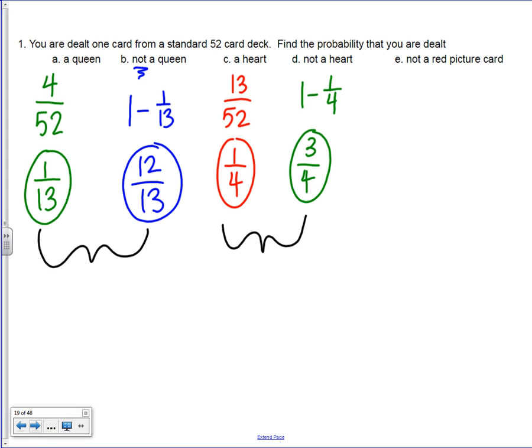All right, so what is the probability you are not dealt a red picture card? Well, if I can find out the probability of me being dealt a picture card, I can do 1 minus that to find not a picture card. So, how many picture cards are there? Now remember, picture cards are face cards. So jacks, queens, and kings. Well, I want them to be red.